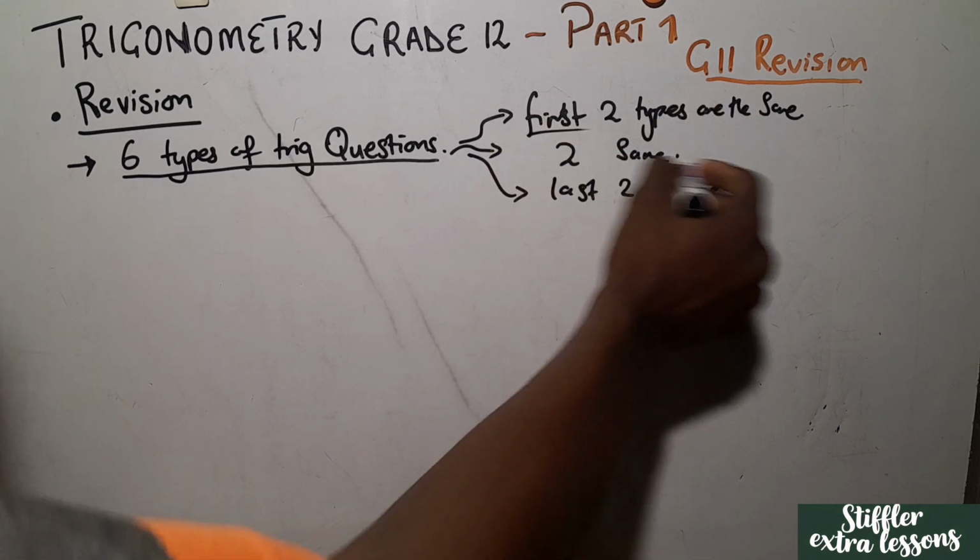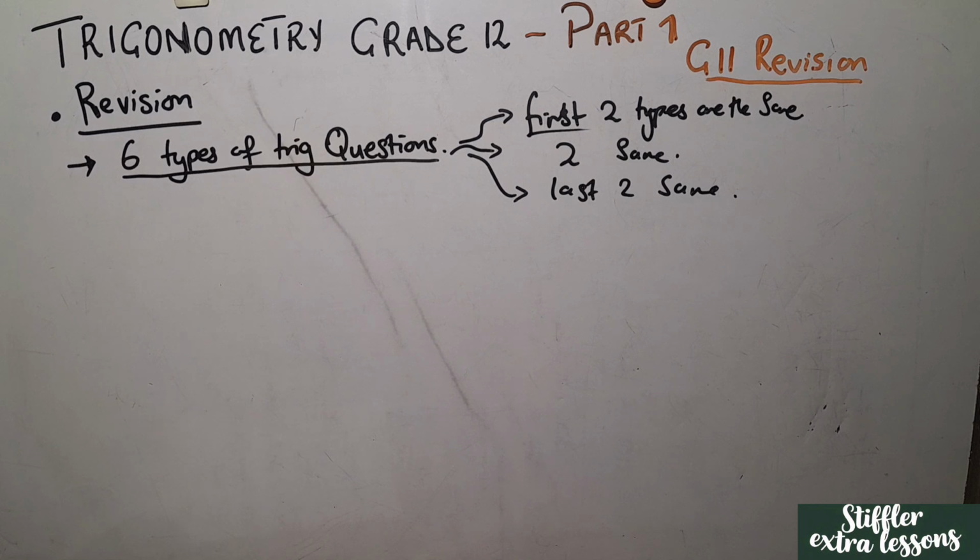Before I begin with the grade 11 revision, I will show you these types of questions and you will recognize them. After recognizing them, we are going to talk about the tools that can help us to solve them, and then I'll solve those questions, and then we'll be done with the revision. So let me type all these 6 types of trig questions, and I'm sure you recognize them.